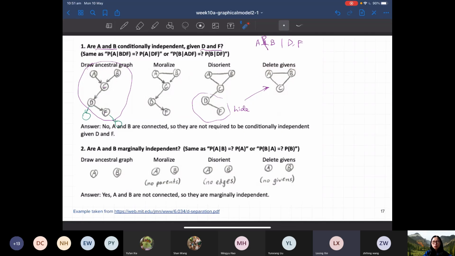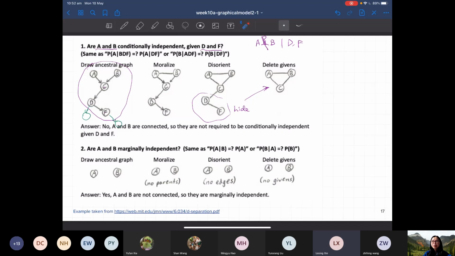So we can also ask if actually none of C, D, and F are observed, are A and B conditionally independent, right? So this is what the next example says. So the emphasis on nodes being unobserved in the Bishop book might seem somewhat unusual.